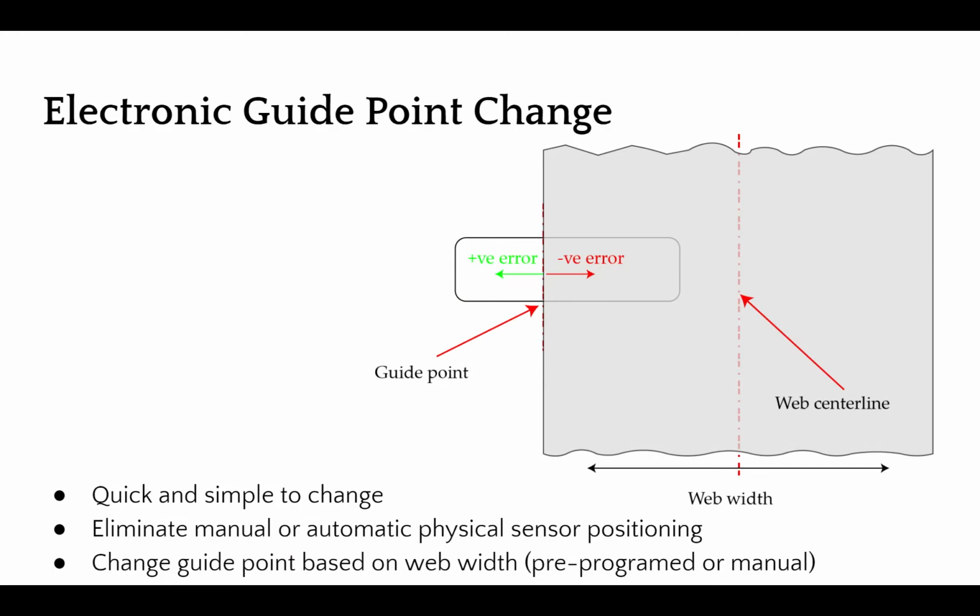So there are lead screws or motorized stages that would move the sensor. And if we know the width of the product based on a product code or something like that, then we can pre-program the guide point changes whenever a changeover occurs. And this makes it extremely simple and quick to do a changeover.